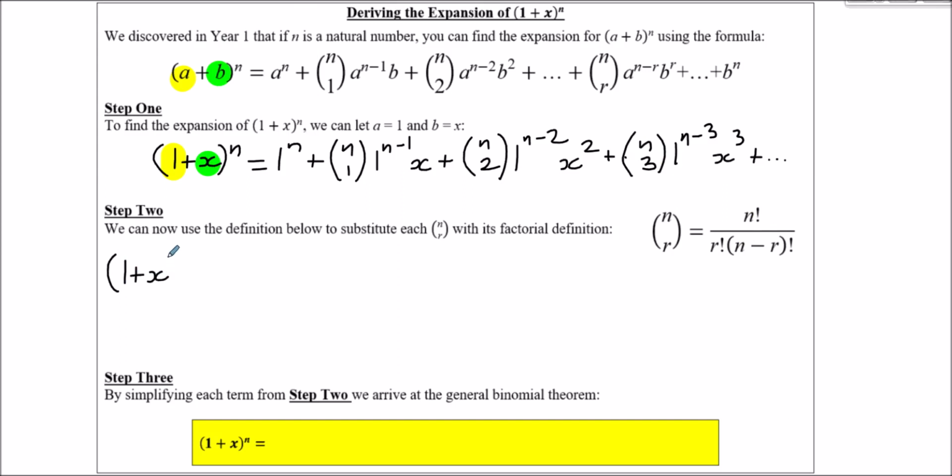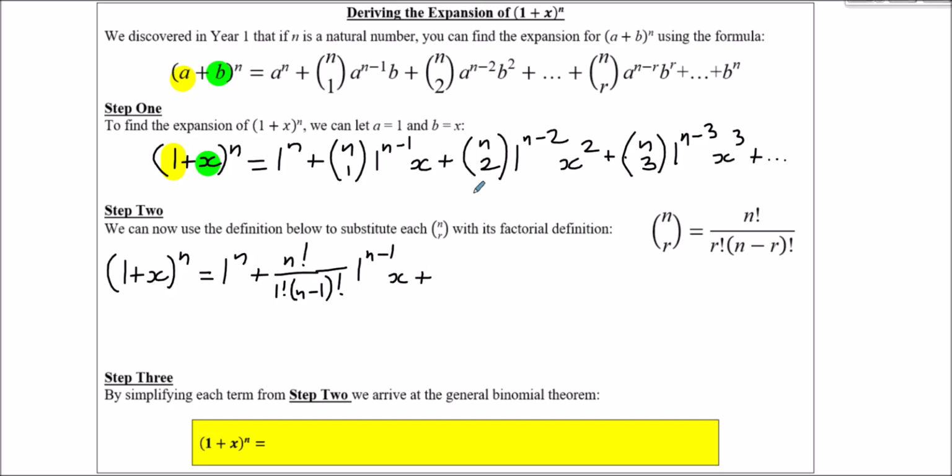1 plus x to the n, that's going to be 1 to the n. n choose 1 will mean n factorial over 1 factorial, brackets n minus 1 factorial. That's times 1 to the power n minus 1 x.